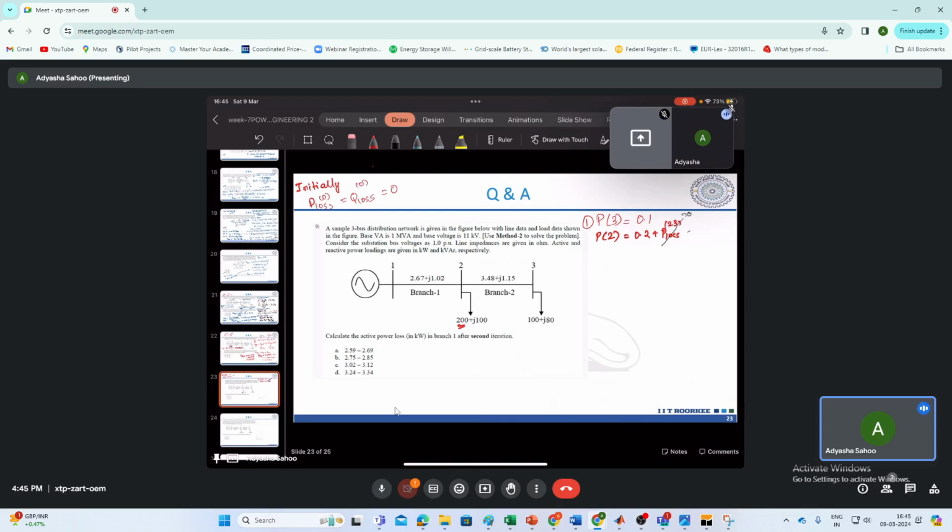In first iteration that will be 0.2. Similarly Q3 will be 0.08 and Q2 will be 0.1. So once we have calculated this, then we'll calculate the A and D, right?